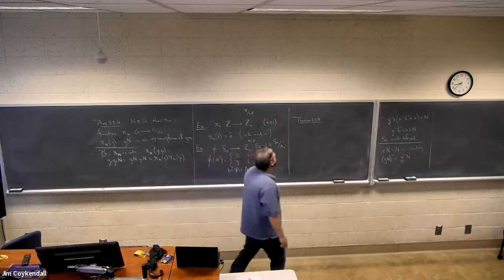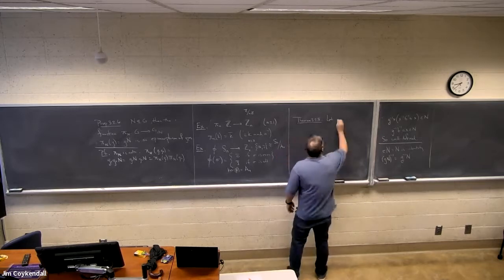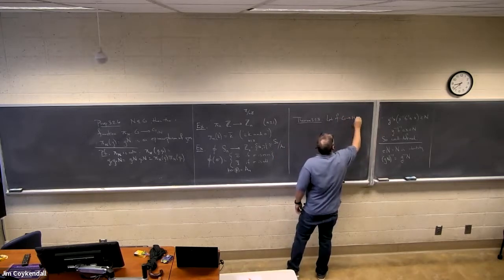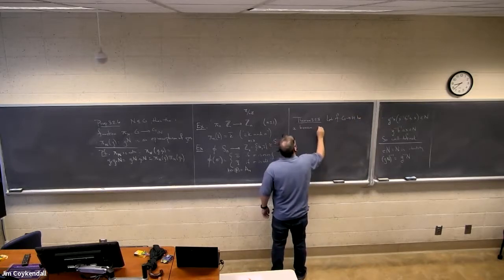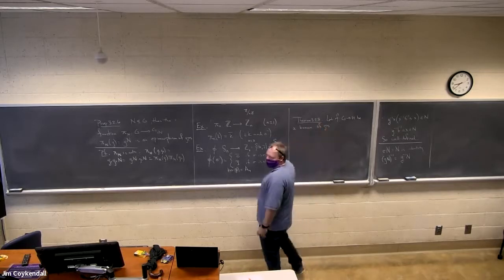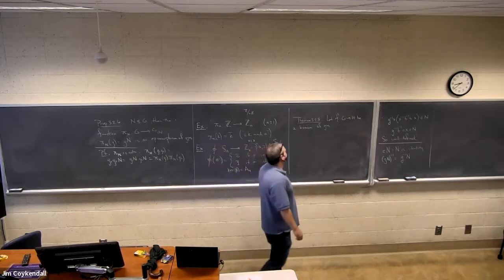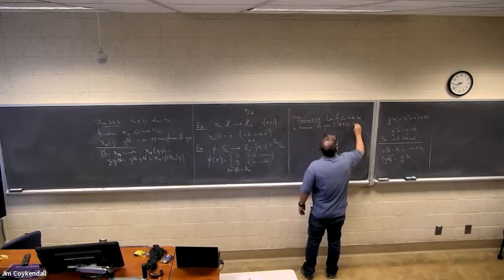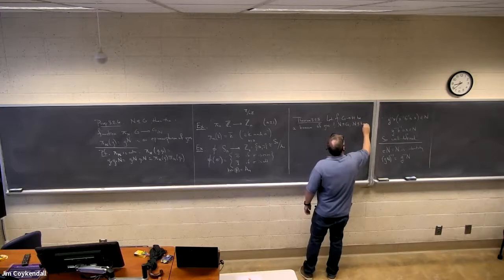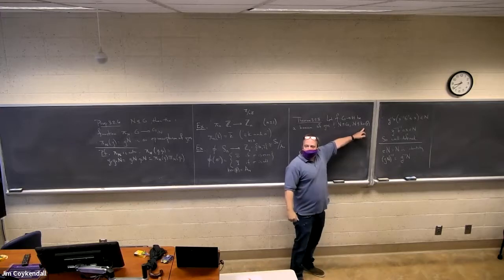So let F from G to H be a homomorphism of groups, and let N be a normal subgroup contained in the kernel of F. Remember, one of the things that we talked about already is the kernel of F is always a normal subgroup.